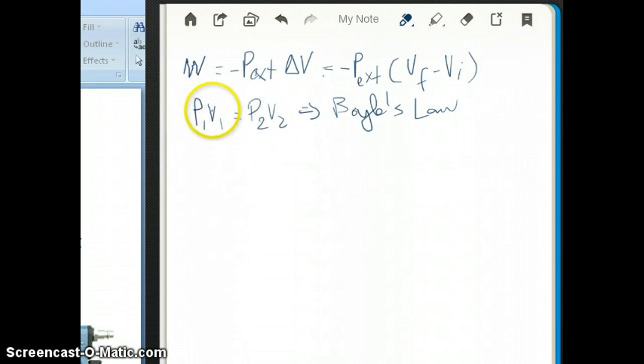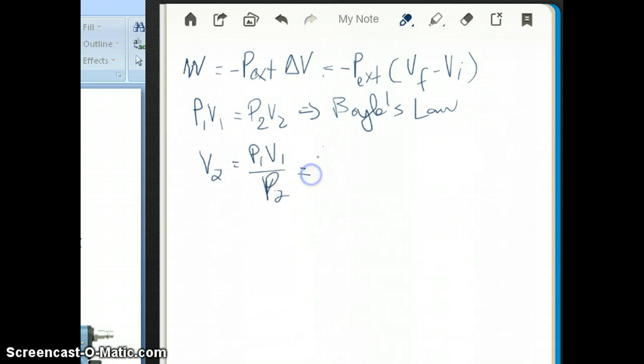So what we know is that we're starting with some initial pressure and volume. We know the final pressure has to be 1 because that's what it's expanding against, and we have to calculate the final volume. So we can just solve for V2, which is P1 V1 over P2.